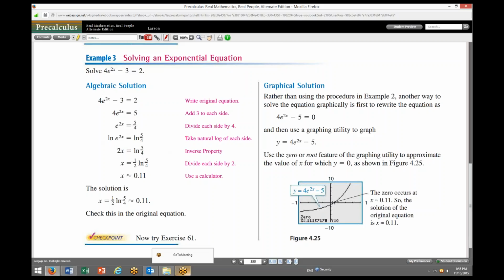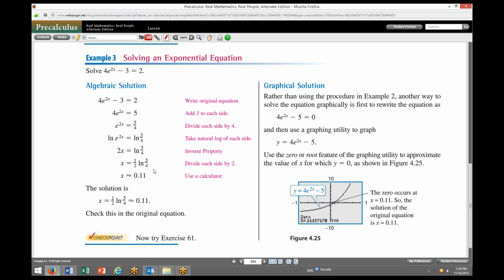So that means the natural log, base e, of 5/4 equals 2x. And so now, x is simply, divide both sides by 2 and you got your answer. A single x is just 1/2 the natural log of 5/4.